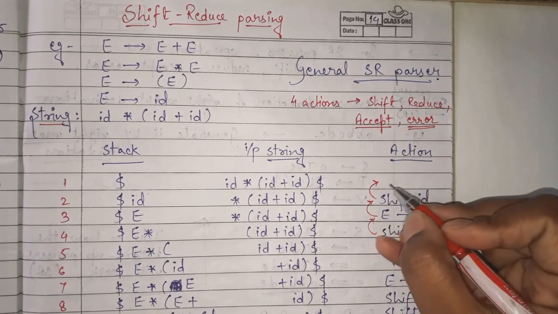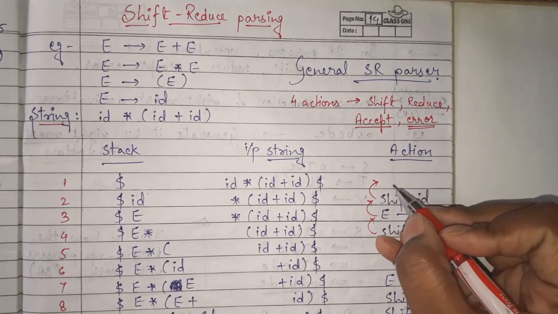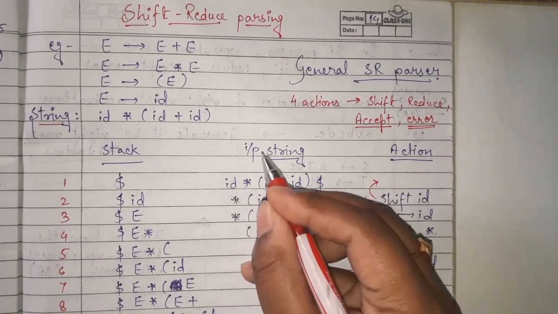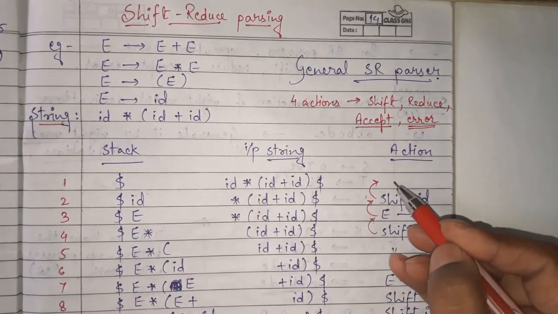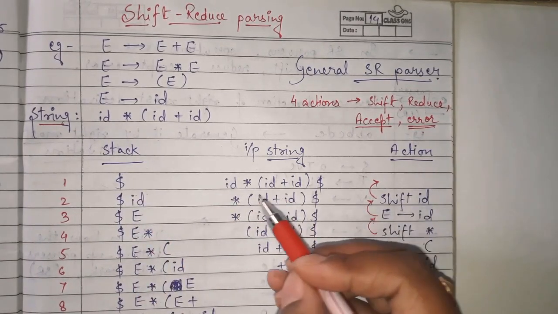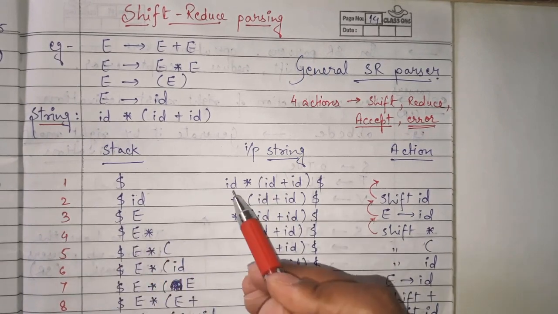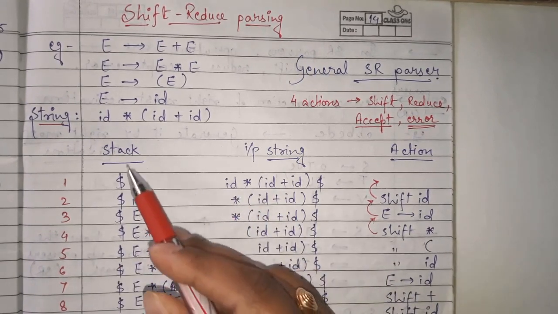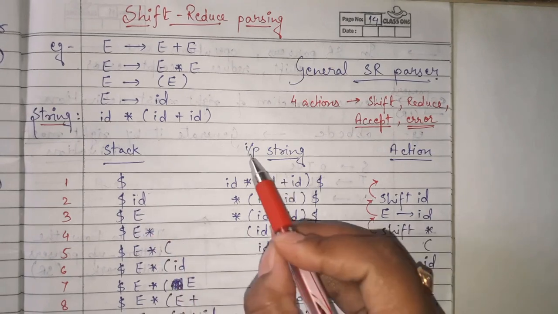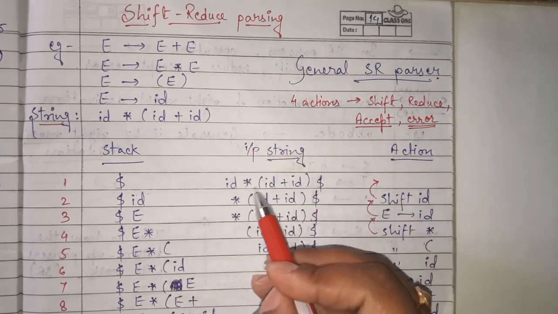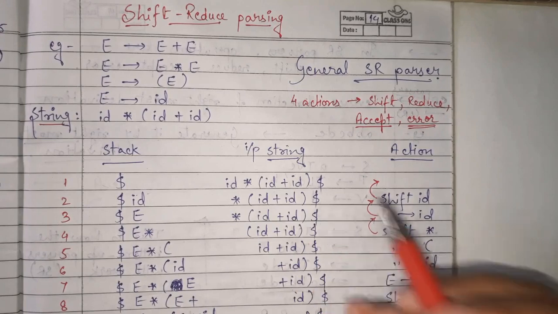Fine. So in the first step, what I have to do is shift id. Shift this first symbol from input string to stack. So the first action we will be taking is shift id. So in the second step, we are shifting this id here. So the stack will contain $id and the input string will contain, after id, this star and the rest.